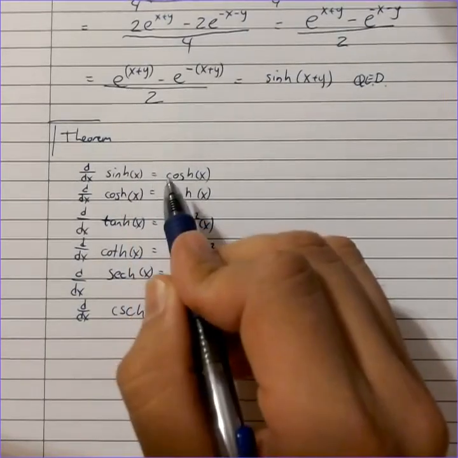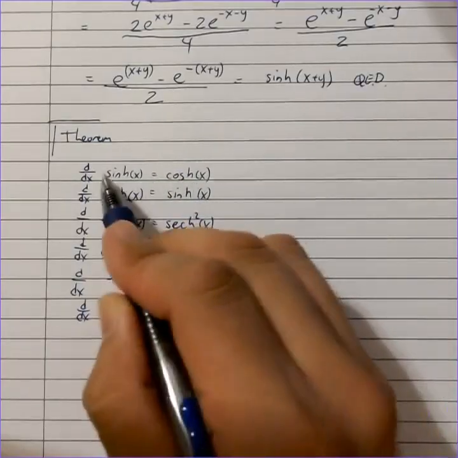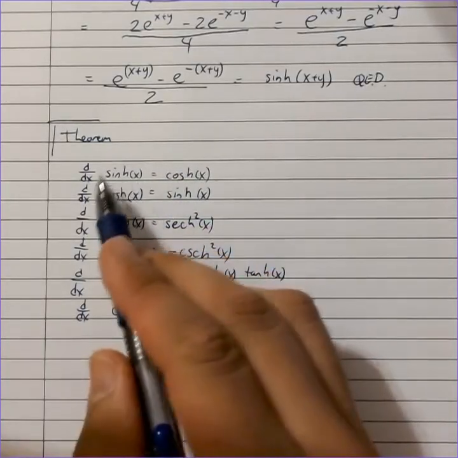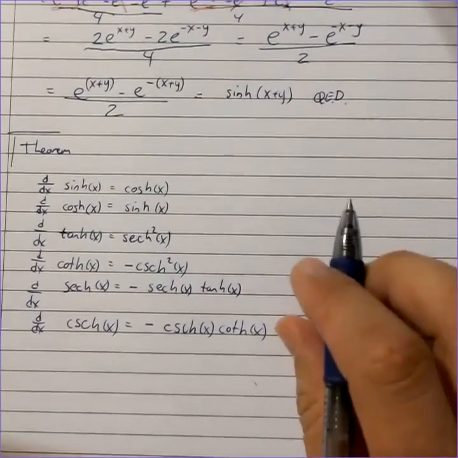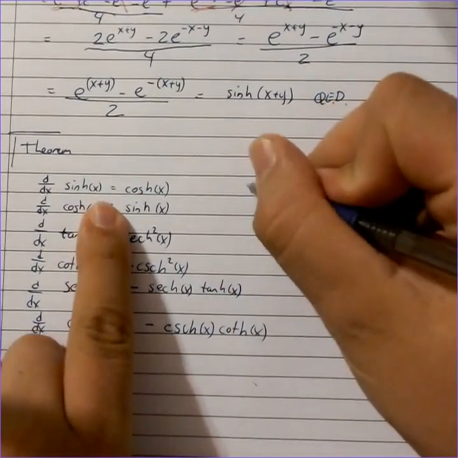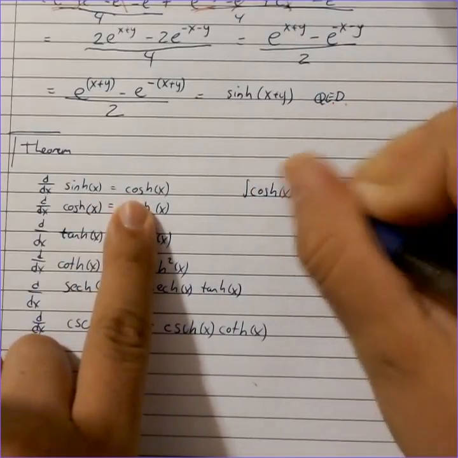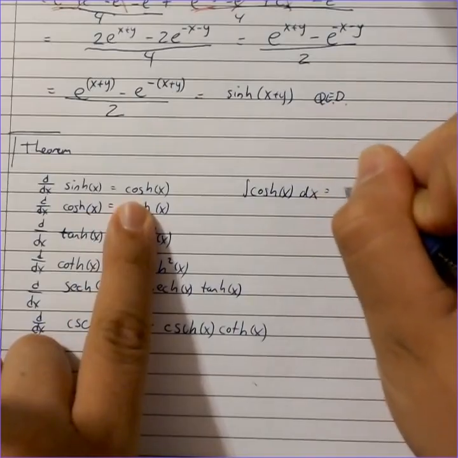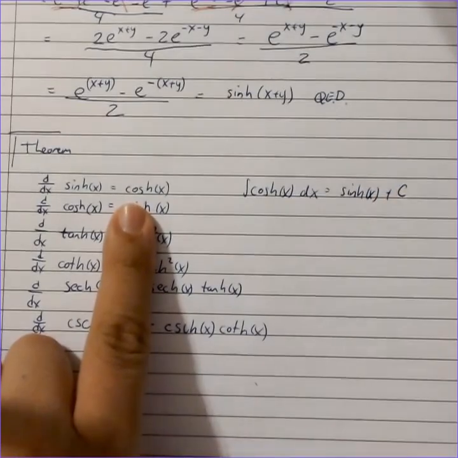Likewise, antiderivatives are still the same. If the derivative of sinh is cosh, the antiderivative of cosh is sinh. So if this is the derivative, going in the opposite direction, you have antiderivatives. We could also write this as the antiderivative of cosh of x dx is equal to the sinh of x plus a constant of integration.